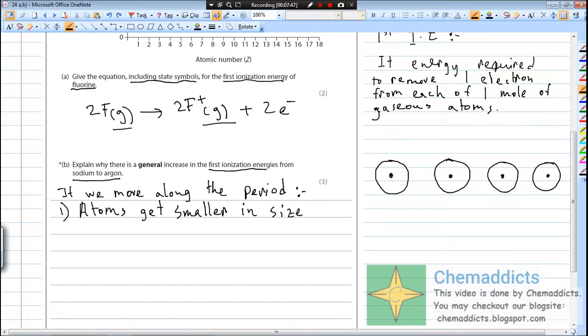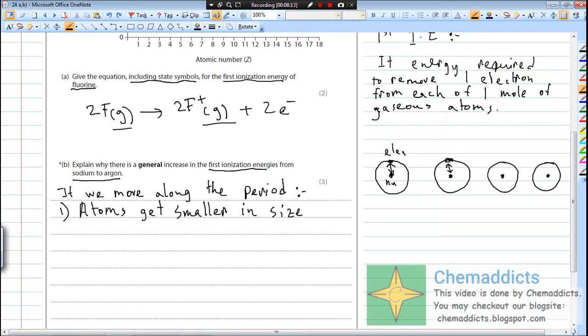So there is an increase in attraction between the outer electrons and the nucleus. This is the outer electron and this is the nucleus. So there is an increase in attraction between this outer electron and this nucleus.